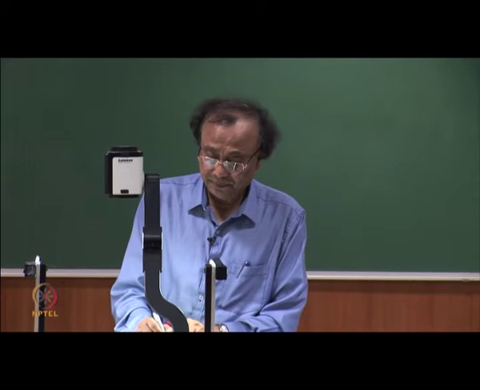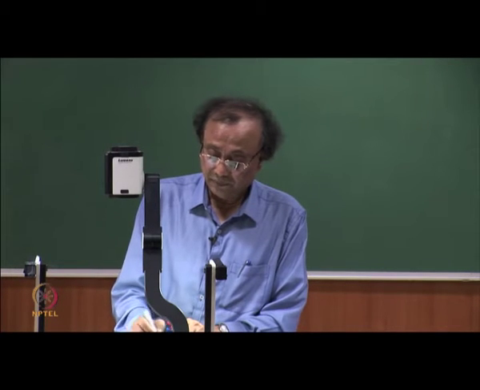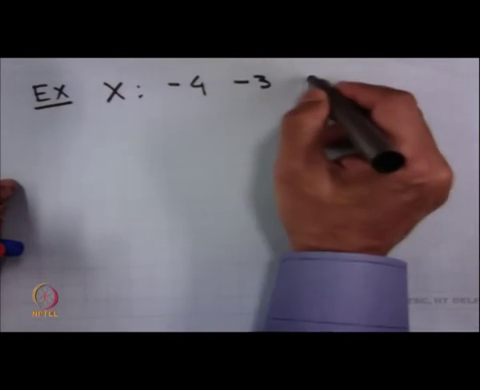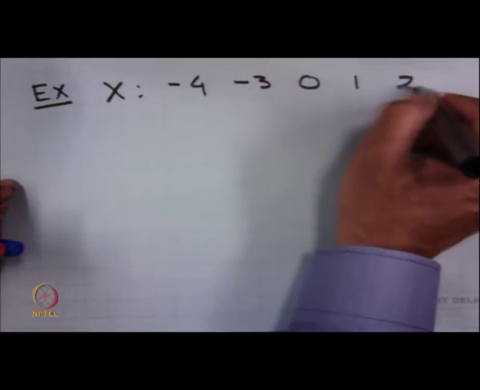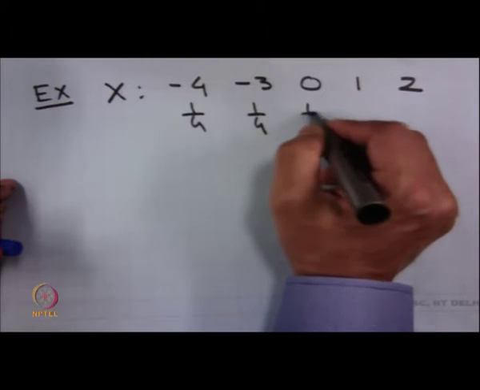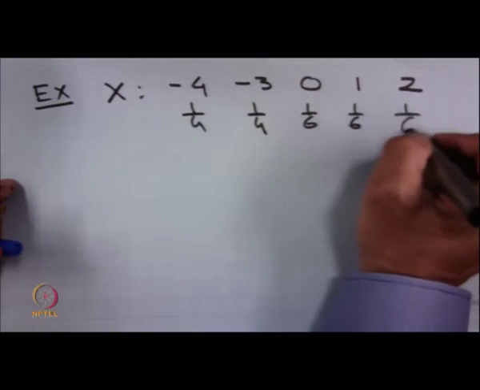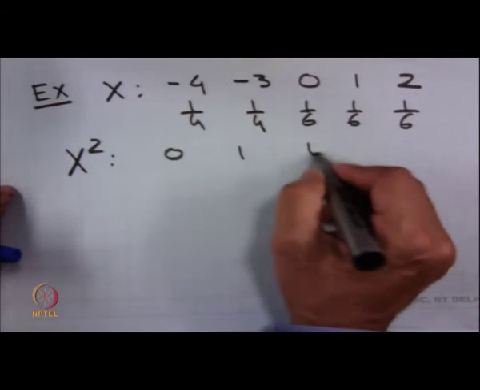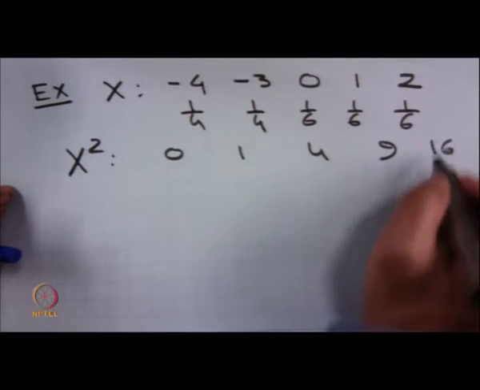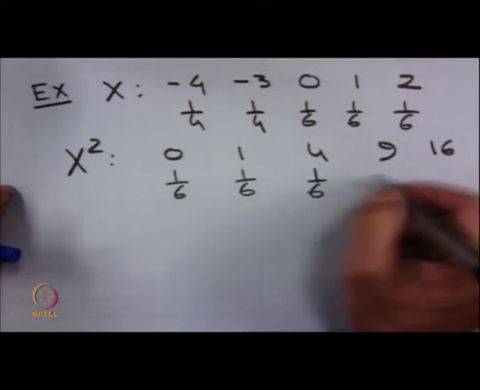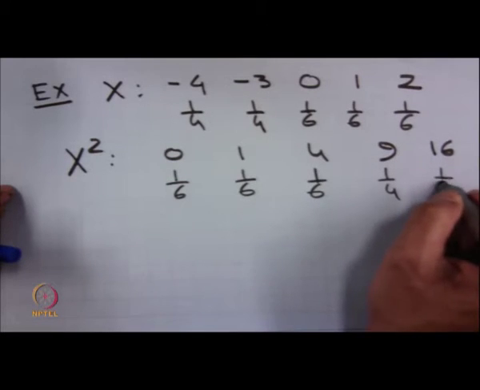Say for example, x takes values minus 4, minus 3, 0, 1, 2, and suppose their probabilities are 1 by 4, 1 by 4, 1 by 6, 1 by 6, 1 by 6, then x square can take values 0, 1, 4, 9 and 16 with probabilities 1 by 6, 1 by 6, 1 by 6, 1 by 4 and 1 by 4.